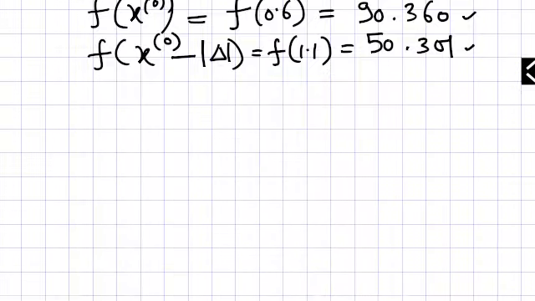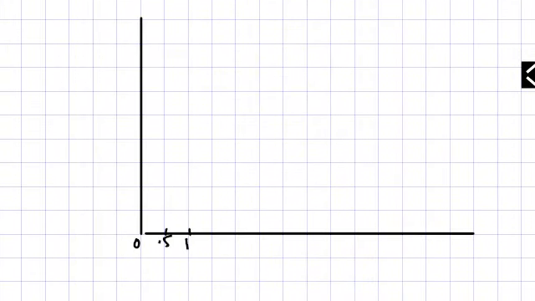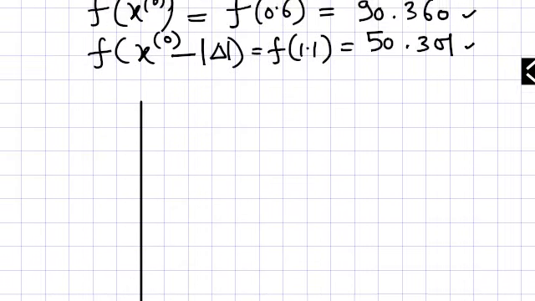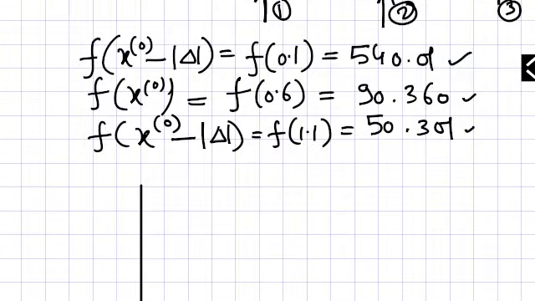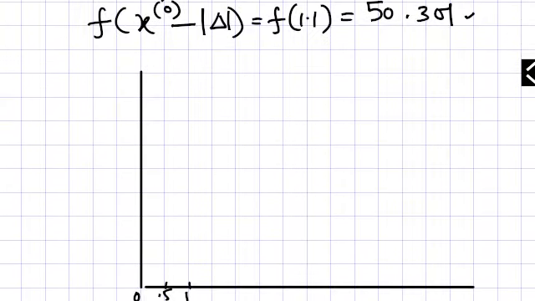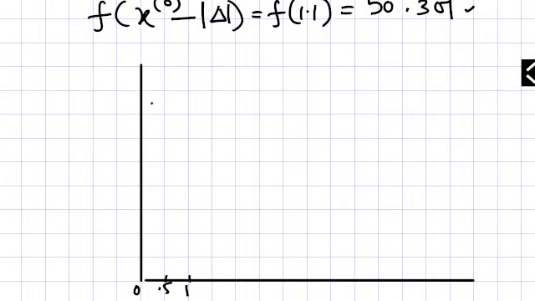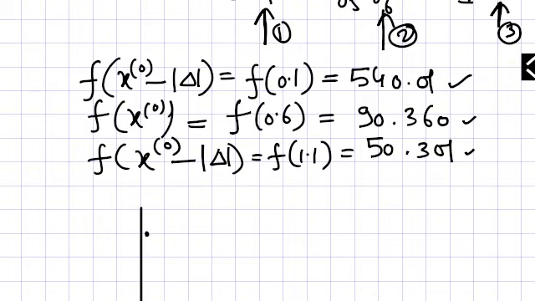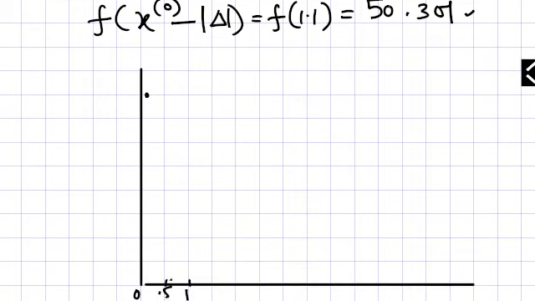And now I will show you the big picture actually. If you see the graph this way, we have calculated one value at 0.1, that is 540, and it will come somewhere here. This is the first value, 540, and then 90 is at 0.6. Then this value is somewhere here.